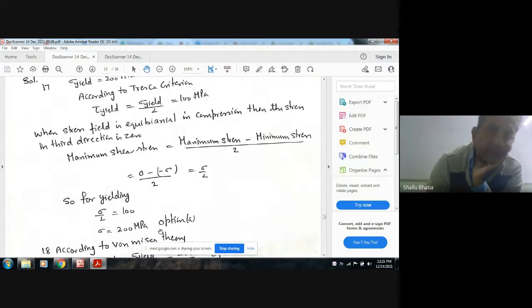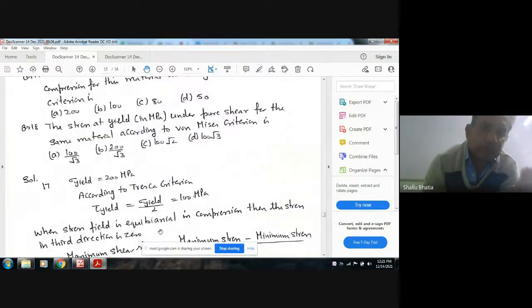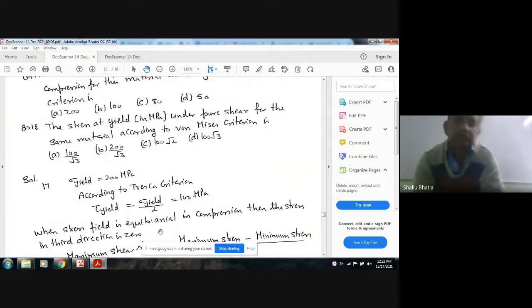In the second case, there is no biaxial loading, only pure shear stress is given, so that's why we need to calculate further.